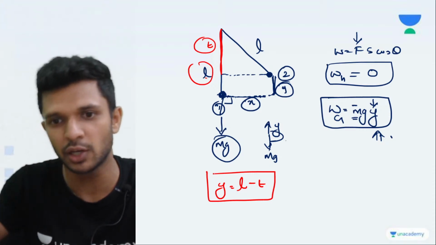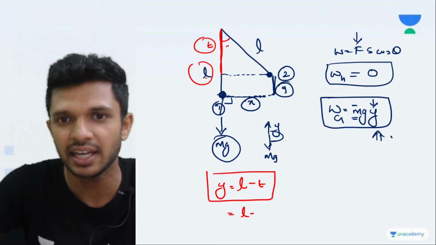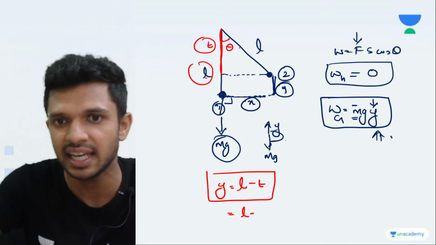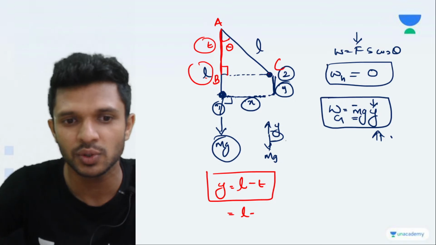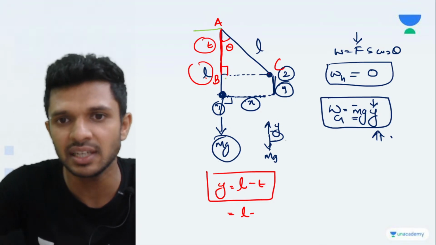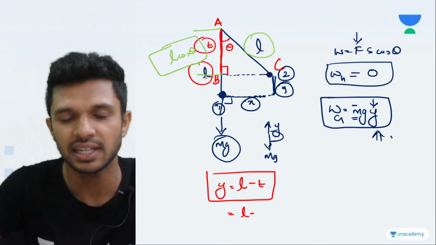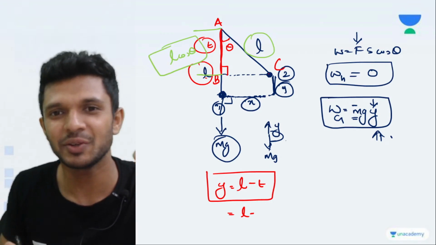So L minus t. How will I get t? Look, this is theta, this length is the hypotenuse, this is a right angle triangle ABC. So tell me, what will this t be? It is the cos component of this L, so this will be L cos theta from the right angle triangle ABC.